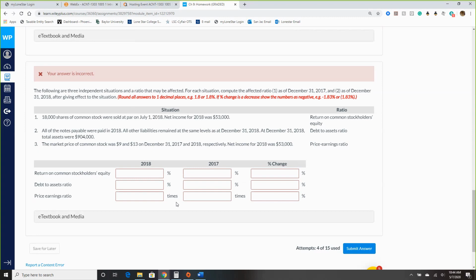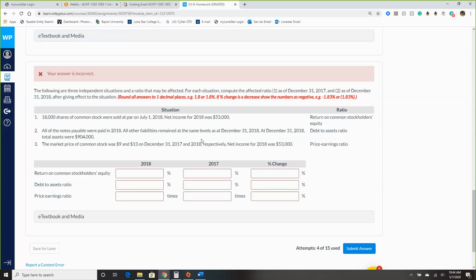Okay, so the following are 3 independent situations and a ratio that may be affected. Okay, for each situation, compute the affected ratio as of December 31st, 2017, and as of December 31st, 2018, after giving the effect to the situation. Okay, so let's go and bring some interesting things.